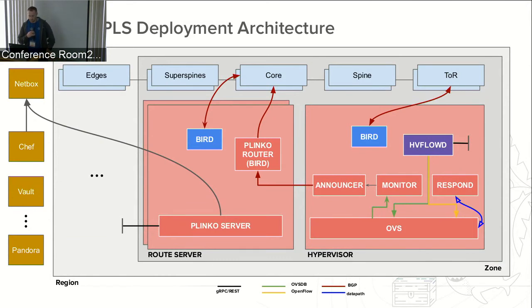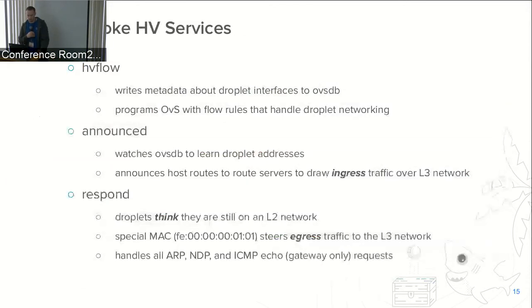And then on the hypervisors, we also have Bird running as the router daemon that picks up routes from the hypervisor itself. And obviously OvS runs on the hypervisor. We have three different services running on the hypervisor to enable this.